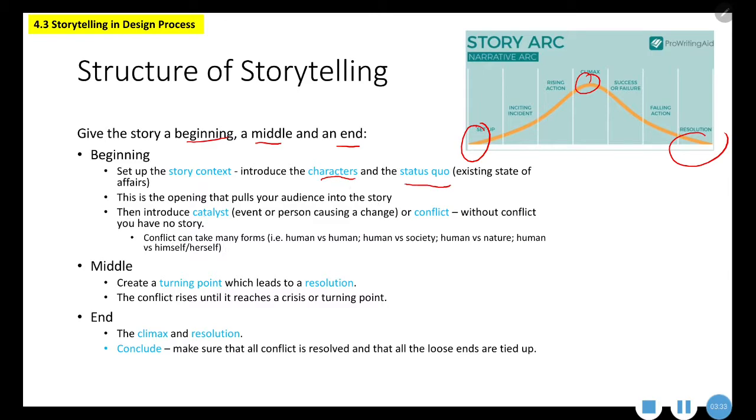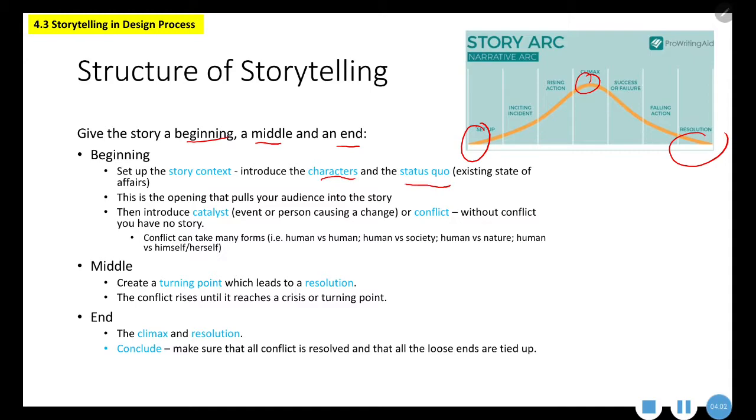Then you introduce the catalyst, meaning the events or person that cause changes to the story, or we call it conflict. Without conflict you will have no story. Conflict can be in many forms, for example human versus human, human versus society, human versus nature, human versus himself or herself, or any conflict within the context of your story.